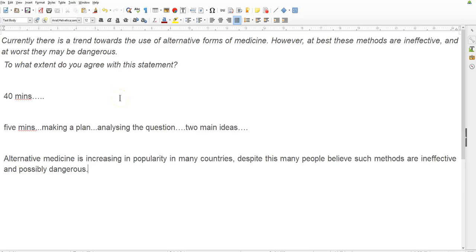Okay, so ineffective and dangerous. Believe these methods are ineffective and possibly dangerous. Increasing popularity.